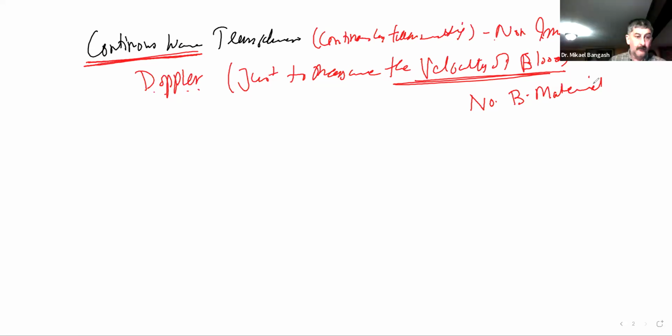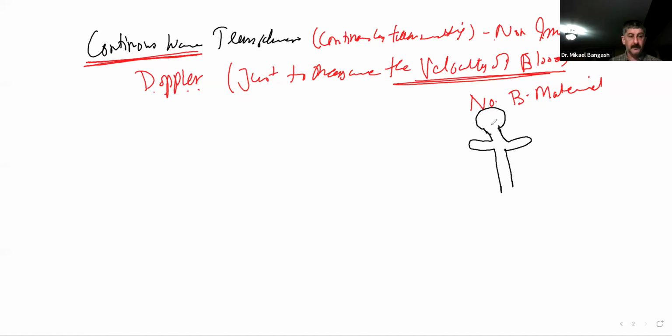Now, when we look at this transducer, I think I showed it to you. If not, I can always show it on Wednesday. It's going to be a small, unique transducer, different in structure from all the other transducers.